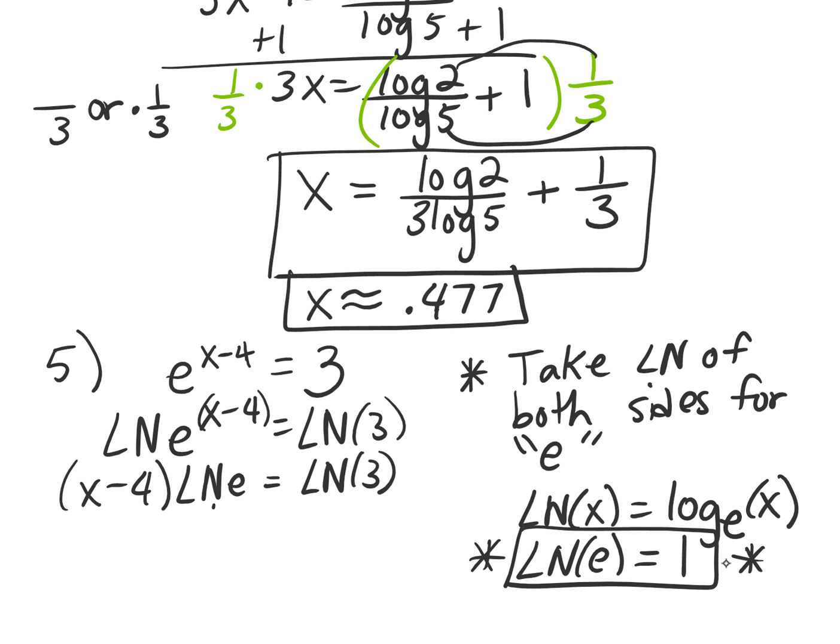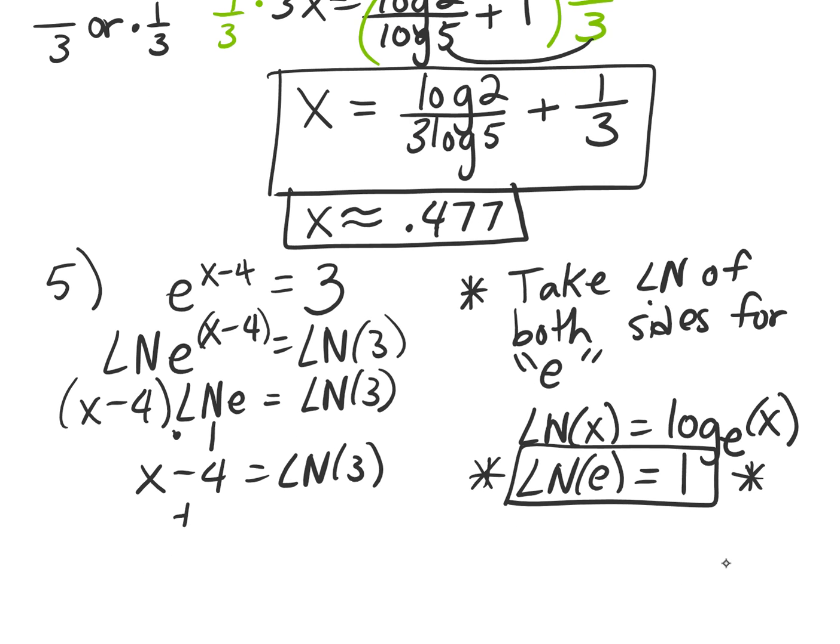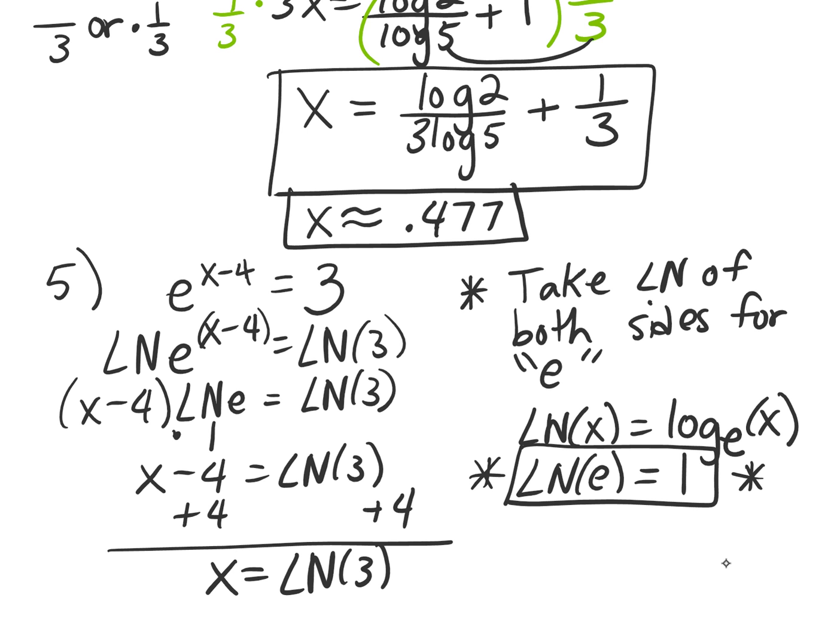So really we're just getting 1 times x minus 4, which leaves us with x minus 4. It's a lot less complicated to solve the E examples if we do change it over to an ln. So now our exact answer is ln of 3, plus 4. Oh, let me erase that.